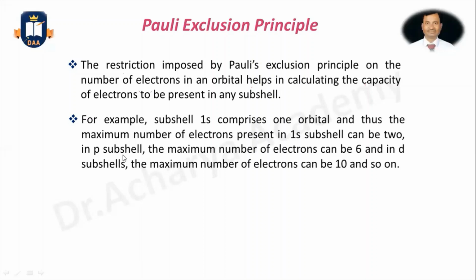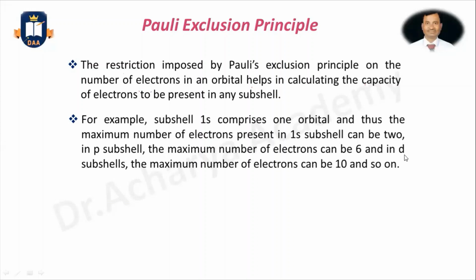So the maximum number of electrons in the p subshell is 6. That means 2 multiplied by the 3 p orbitals, px, py, pz.